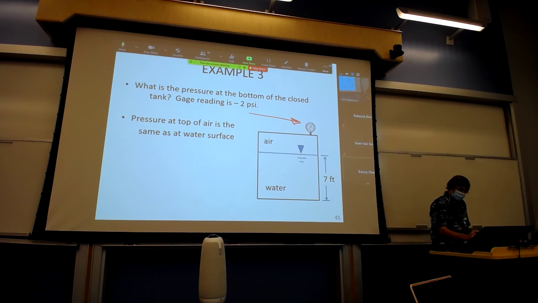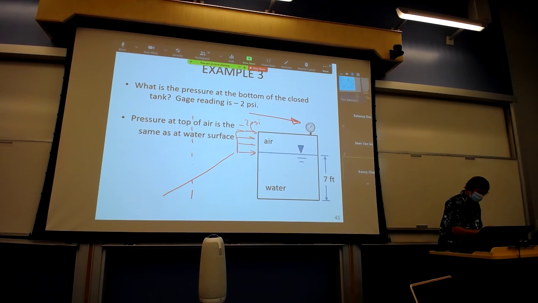We have a pressure here that we're basically going to say is uniform at -2 psi. And then once we get to the water, then this is going to be increasing pressure. So 0 psi, remember pressure is being measured on the horizontal axis.